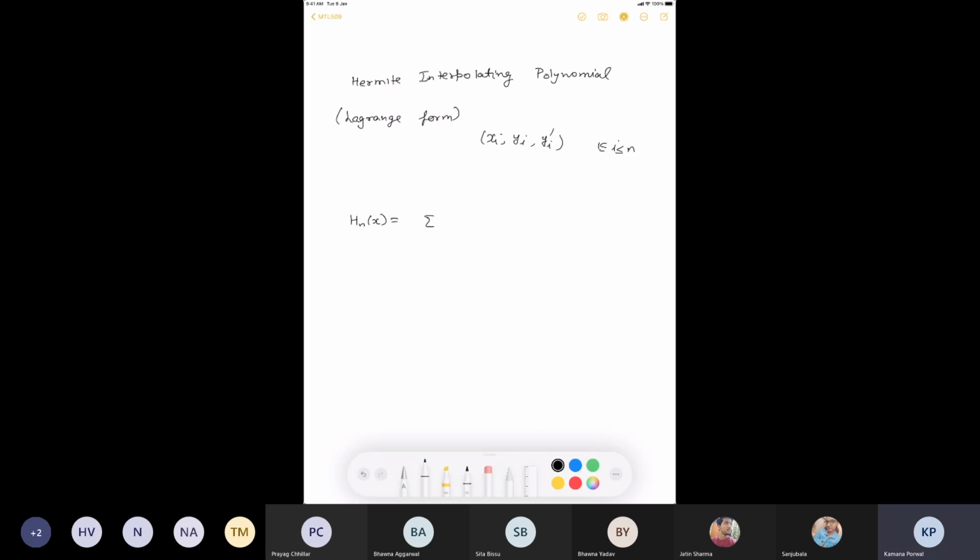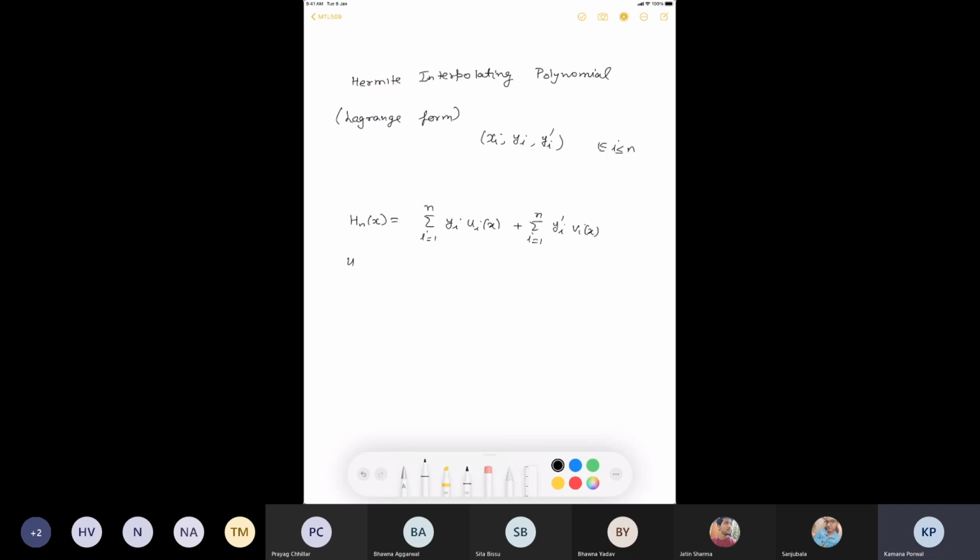So we could write it as the summation of yi times ui(x) plus yi prime times vi(x), and i is ranging from 1 to n.